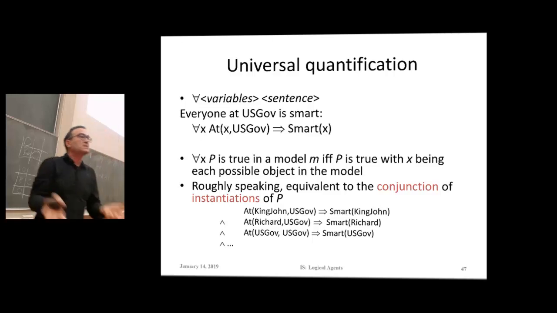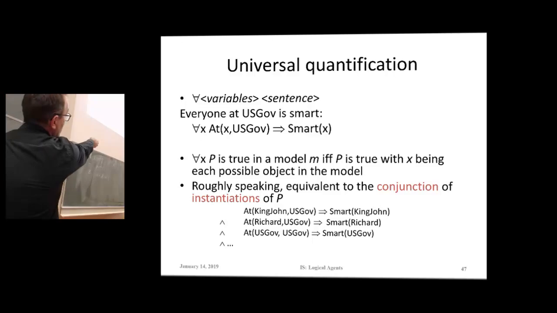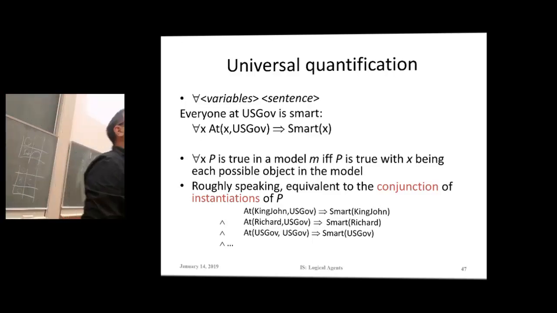These are the kinds of statements that you can now do with quantification. And the definition of the semantics is then for all x, p is true in a model if p is true with x being each possible object in the model. So you just choose all the objects and you check whether they are true in the model.